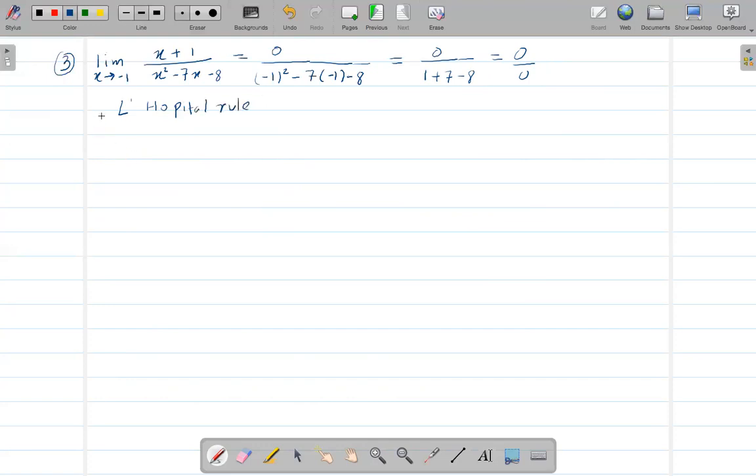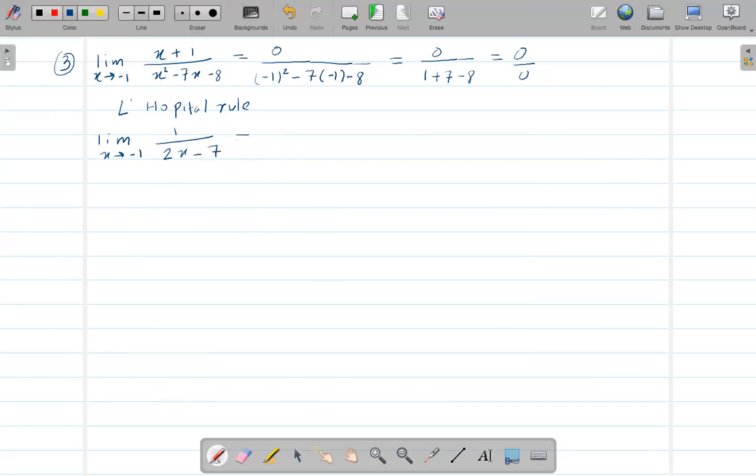Now when we use L'Hopital's rule, don't forget to write this limit. Now take the derivative of the top, which will be just 1. When you take the derivative of x, it'll just give 1. And when we take the derivative of the bottom, we will get 2x minus the derivative of 7x, which is 7.